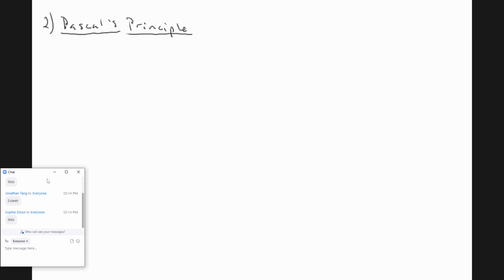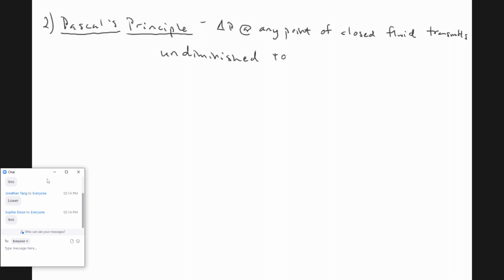So Pascal's principle simply states that the change in pressure at any point of a closed fluid transmits undiminished to all other points.